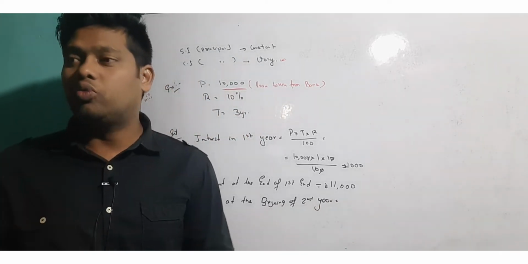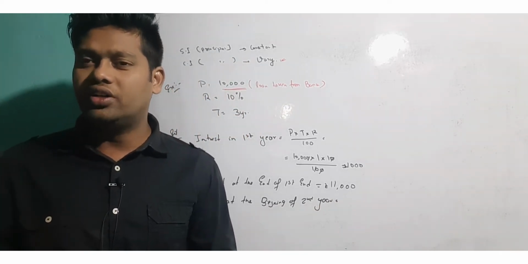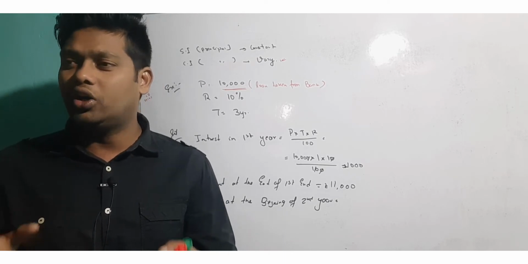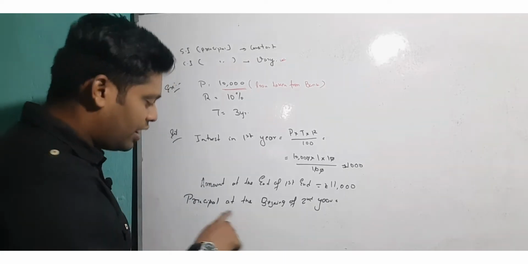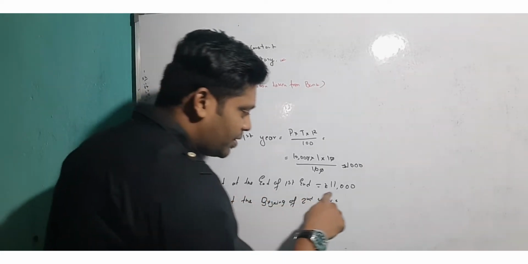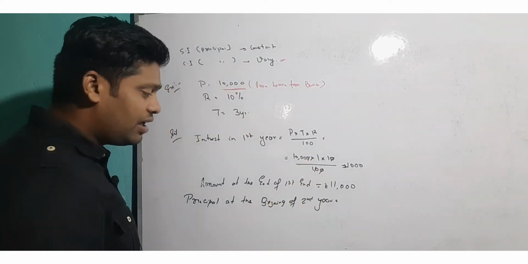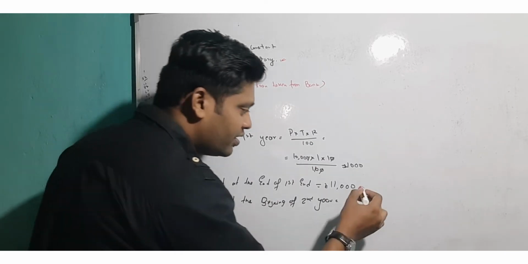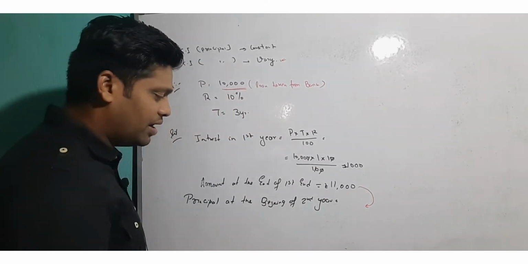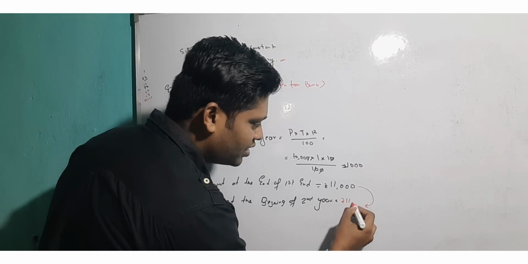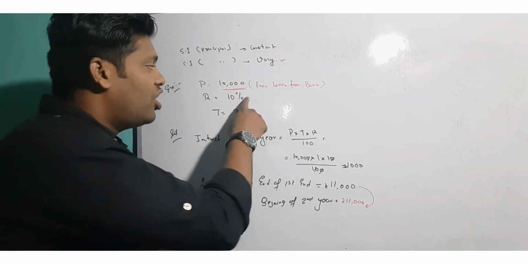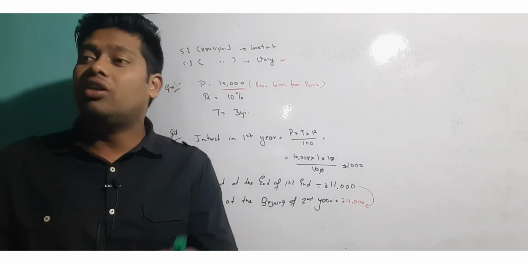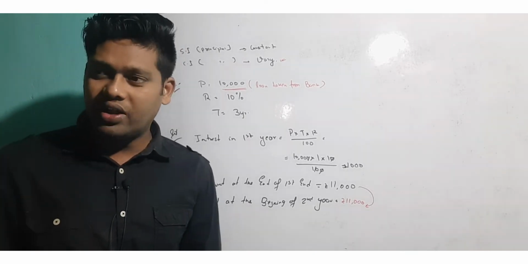The amount which was there at the end of the first year will be converted into the principal of the second year. Clear? So the amount at the end of first year is 11,000. So that will be the principal of the second year, rupees 11,000. So our interest will be calculated on 10,000 or 11,000? We'll do it on 11,000. You understood the difference?